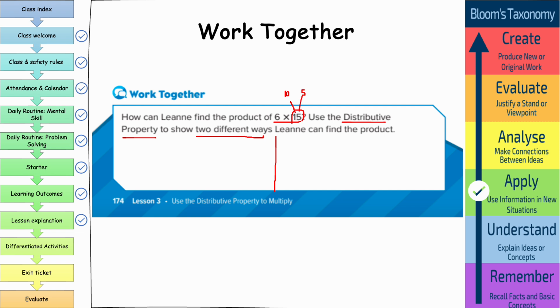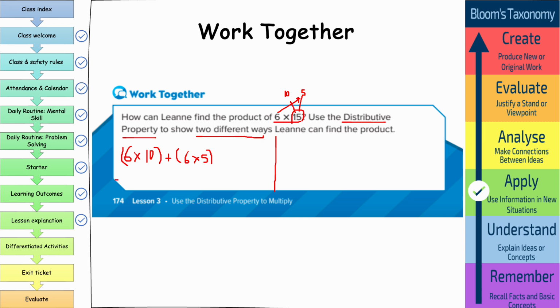So I will start with the first way. So 6 times 10, and 6 times 5. And I will put the plus here because we will be adding the total of these two equations.